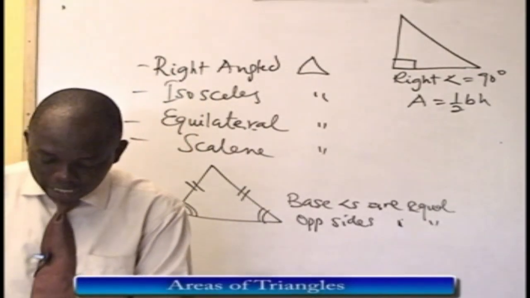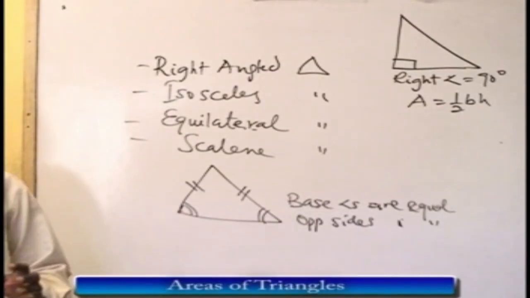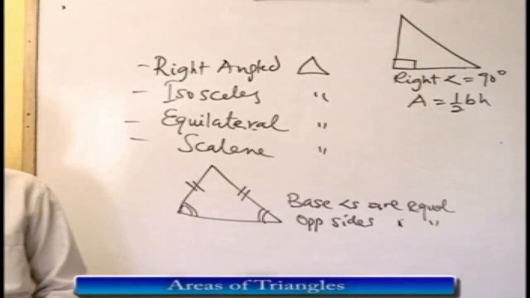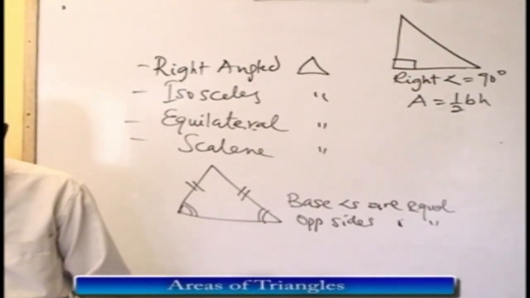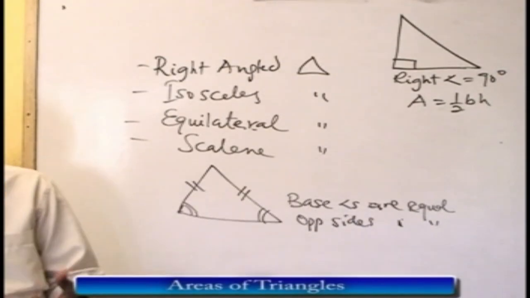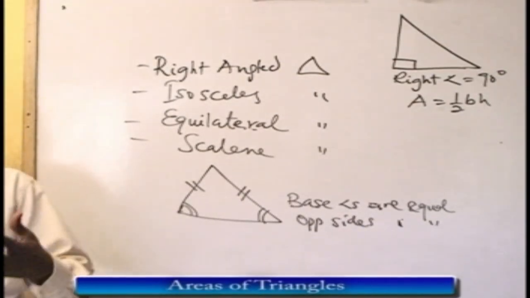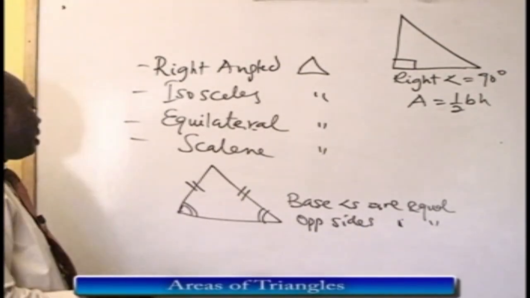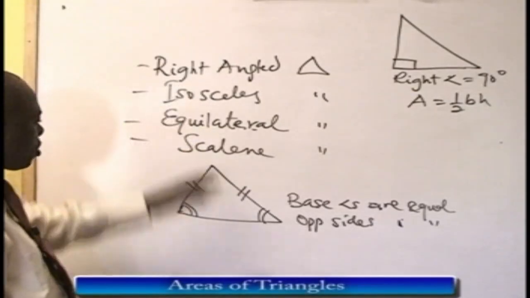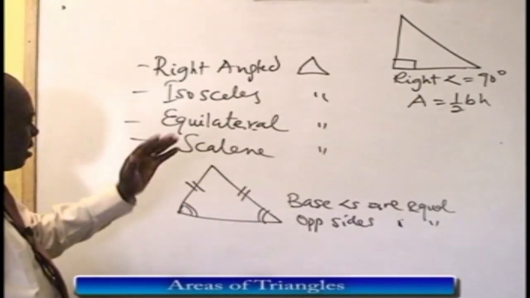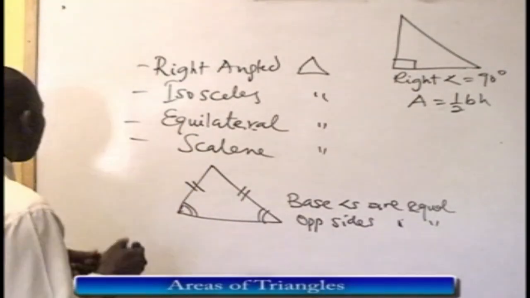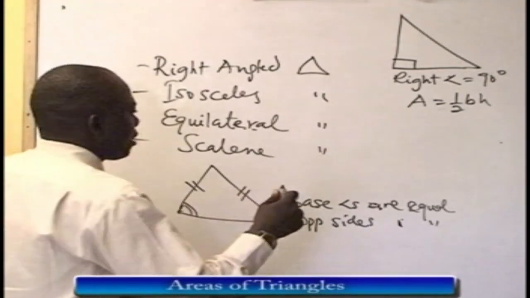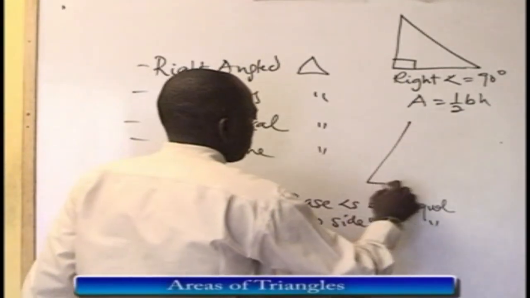Again, the equilateral triangle. All the sides are equal. All the angles are also equal. It can also be divided into two equal triangles. Like the isosceles, the equilateral is a little bit different. For an equilateral triangle, it looks like this.